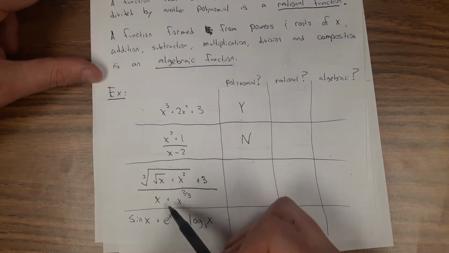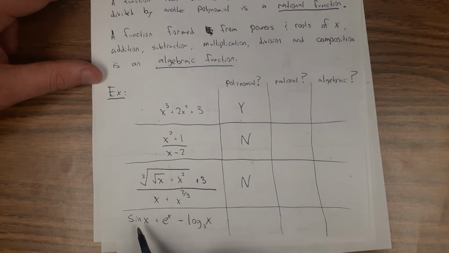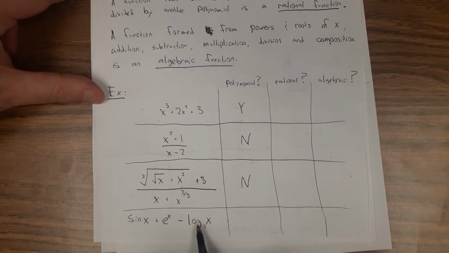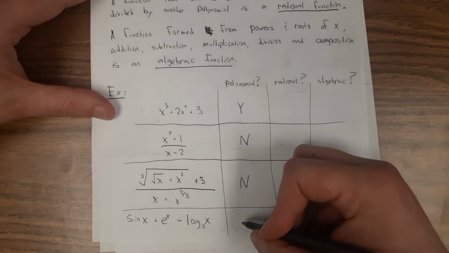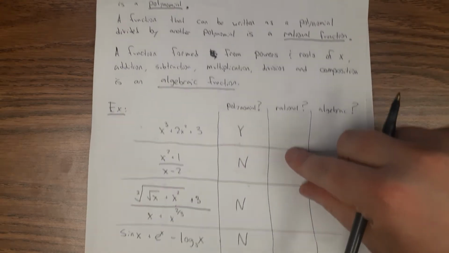So I see roots all over the place. Also, there's a lot of reasons why this isn't a polynomial. There's a trig function, and that can't be involved in any polynomial. There's an exponential part, and that's also not in a polynomial. There's also a logarithmic part. Any one of these things would be an automatic no. Okay, so that's what polynomials are.